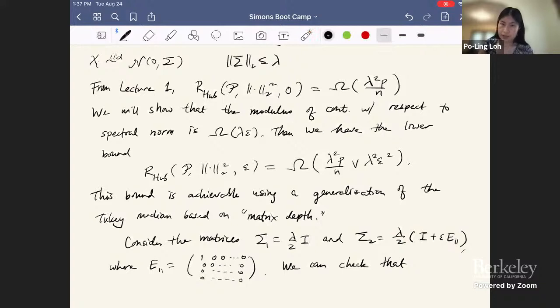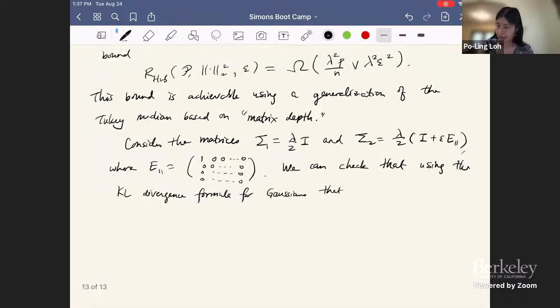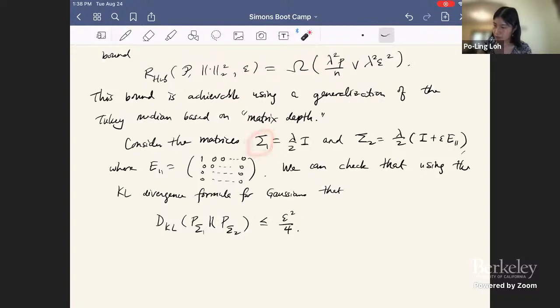But furthermore, you can check that there is an upper bound on the KL divergence. Using the KL divergence formula for Gaussians, D_KL of P sigma 1, P sigma 2 is bounded by epsilon squared over 4. This is very easy to do, because if you have a normal distribution with this covariance and that covariance, then the components are independent.